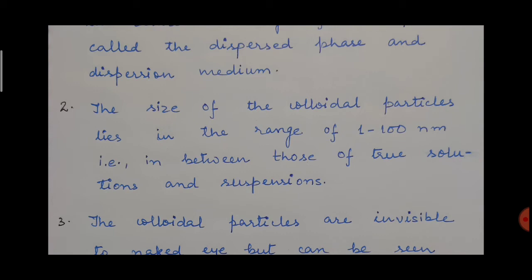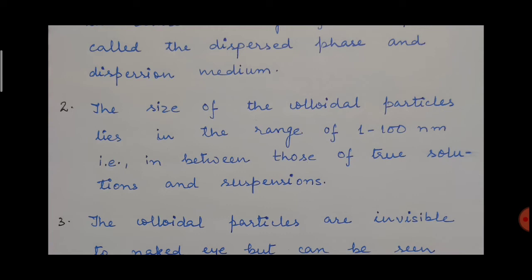You can easily understand this when you compare the size of particles in a solution and the size of solid particles of a suspension. We discussed that the size of particles in a solution is less than 1 nanometer, and the particles of a suspension are more than 100 nanometers.